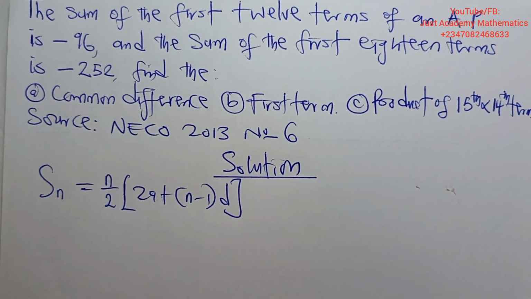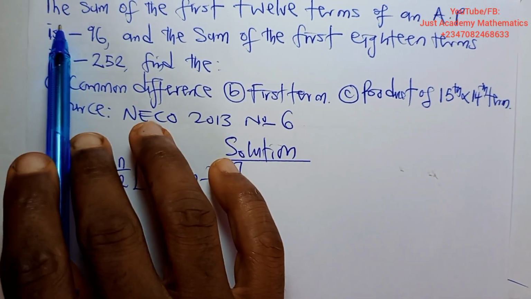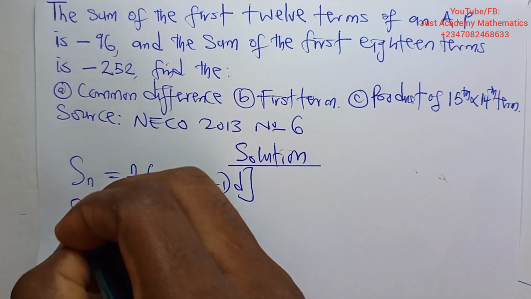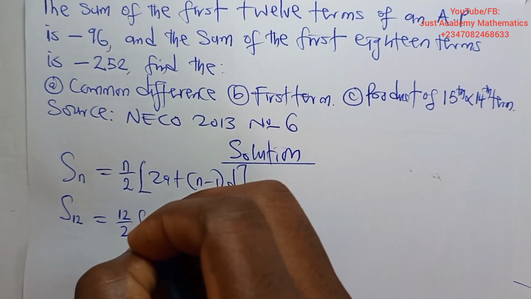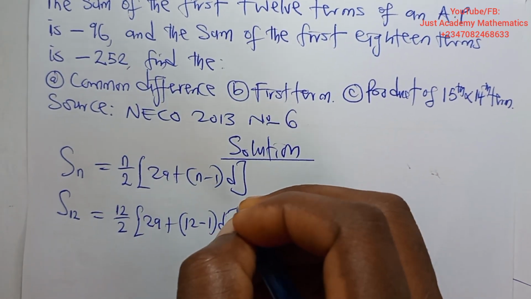This is the sum formula for an AP. So from this, for the sum of the first 12, we have 12 over 2 bracket 2a plus 12 minus 1 d.